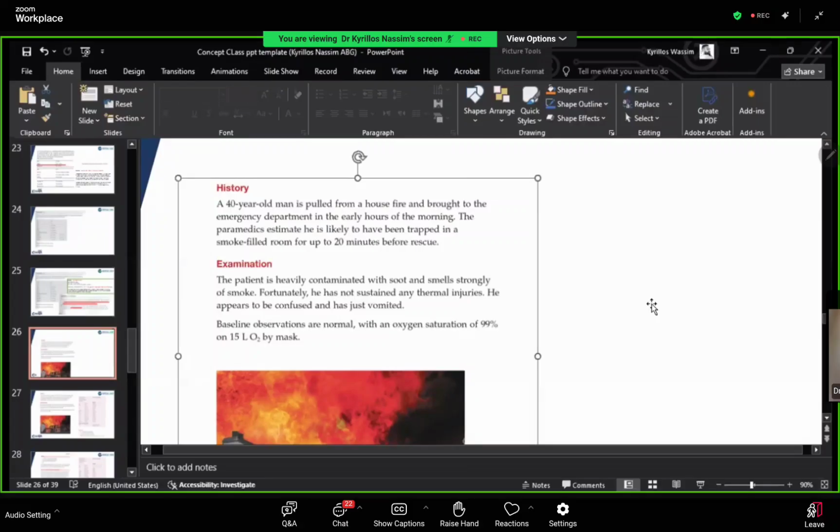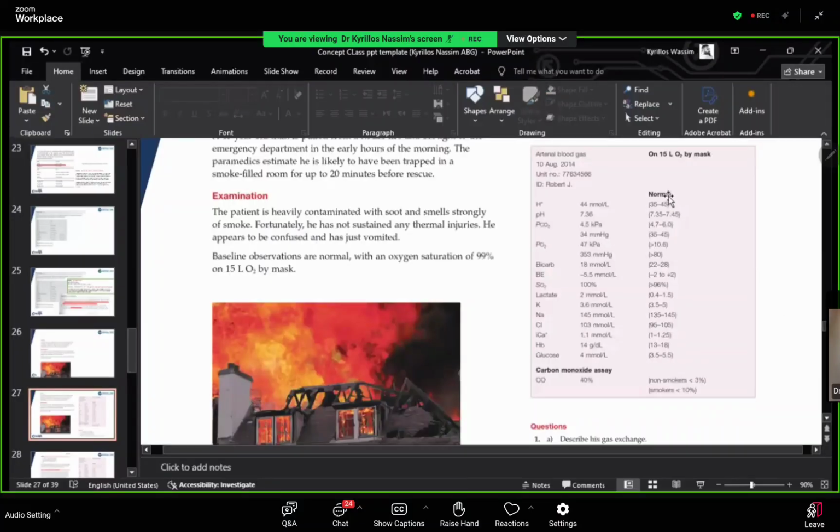The patient is heavily contaminated with soot and smells strongly of smoke. Fortunately, he has not sustained any thermal injury. He appeared to be confused and has just vomited. Baseline observations are normal with an oxygen saturation of 99% on a 15-liter oxygen mask.